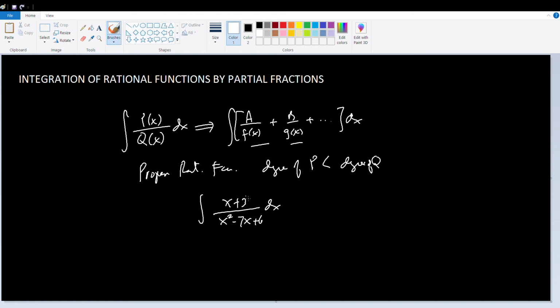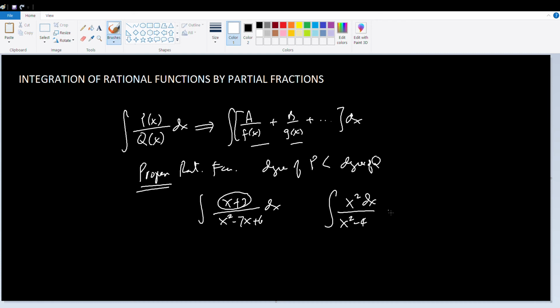The degree of the numerator should be less than the degree of the denominator for it to be a proper rational function. If you have the integral of x squared dx over x squared minus 4, this is an improper rational function because the degree of the numerator is the same as the degree of the denominator.